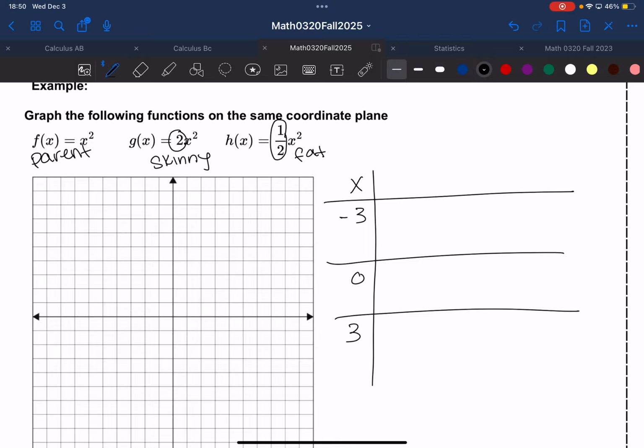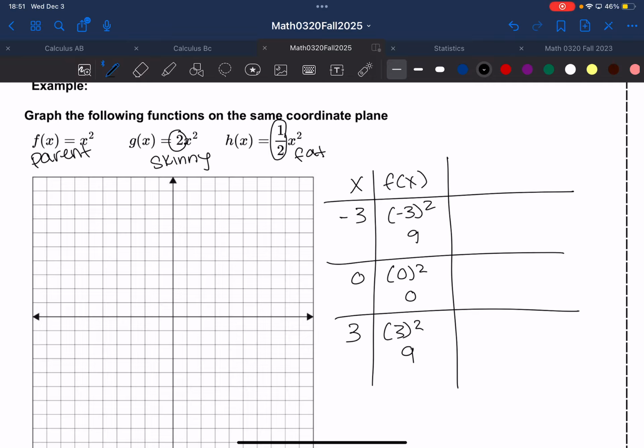I want to have all these examples so when you go back to the test, you see all the different ways we were doing it. For the parent function f of x, we're just squaring it. So this is negative 3 squared, which is 9, 0 squared, which is 0, and 3 squared, which is 9. That never changes no matter which concept we're doing in this notes.